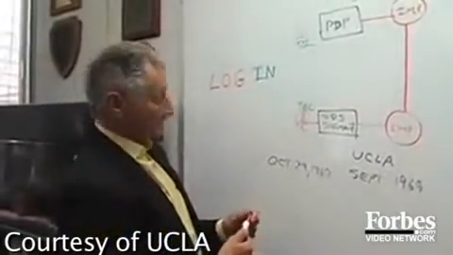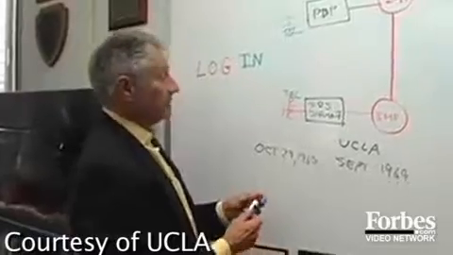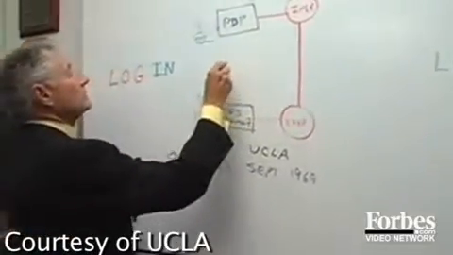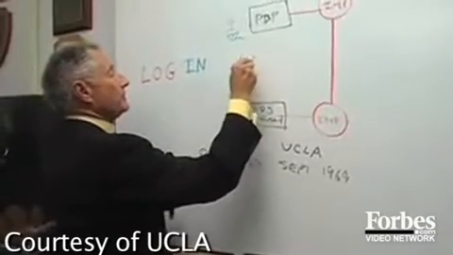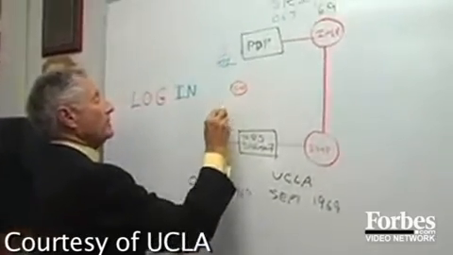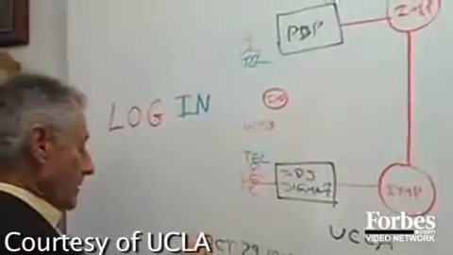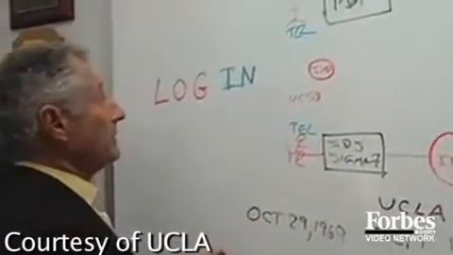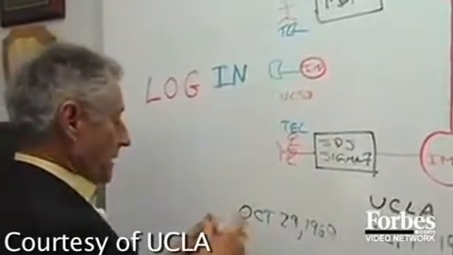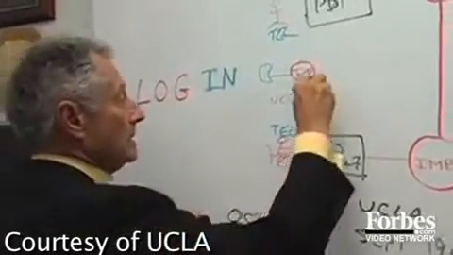Now, a month later, another IMP was delivered to University of California, Santa Barbara, and they connected their host in, of course. And we had a couple more lines connecting these IMPs together.